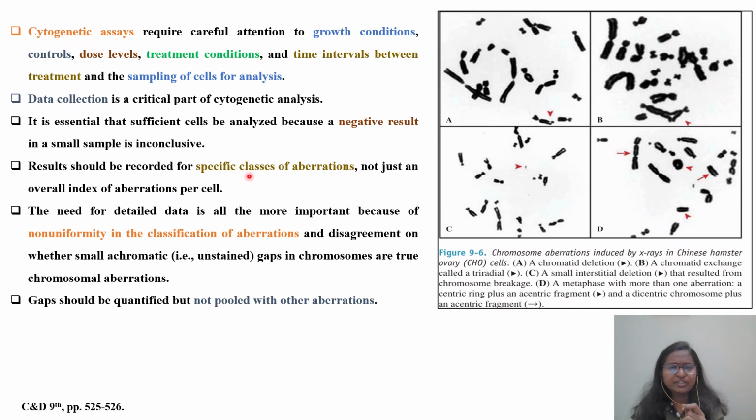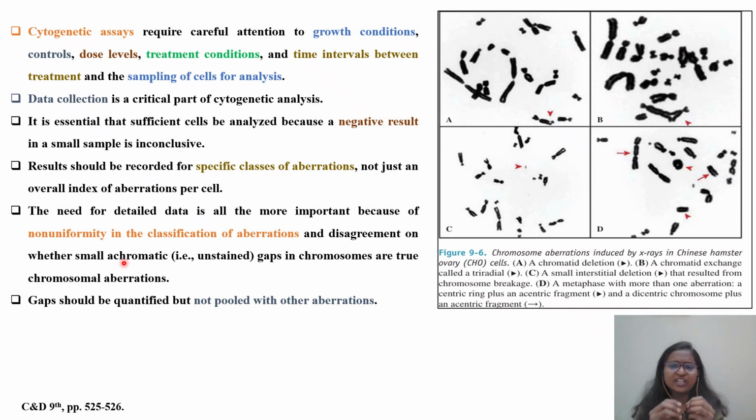Results should be recorded for specific classes of aberrations, since we have seen all different types of aberrations are there, not just an overall index of aberrations per cell. The need for detailed data is also more important because of non-uniformity in the classification of aberrations and disagreement on whether a small achromatic unstained gap in the chromosome is a true chromosomal aberration or not.